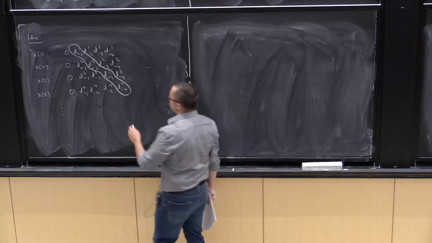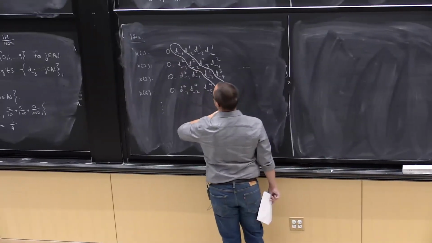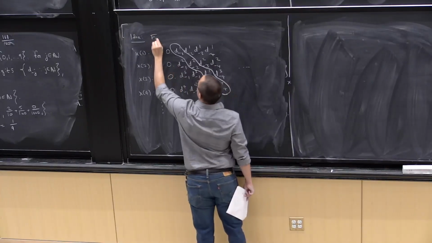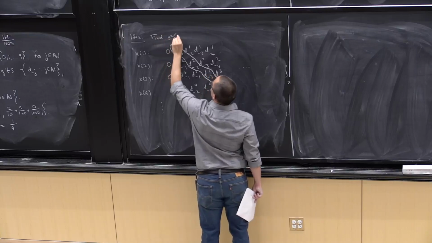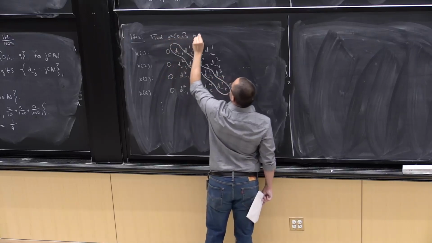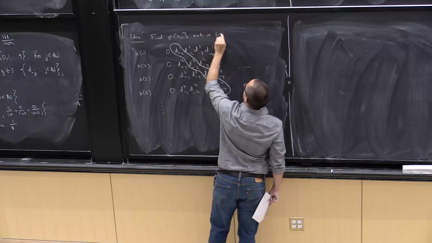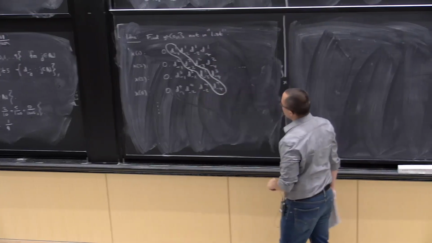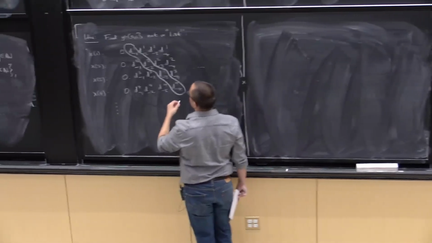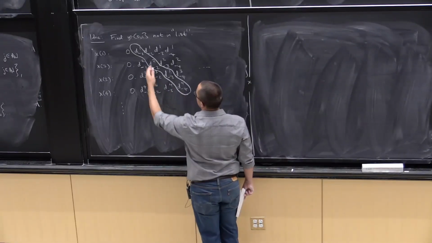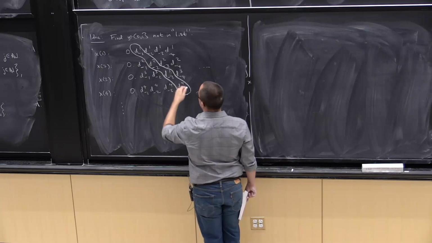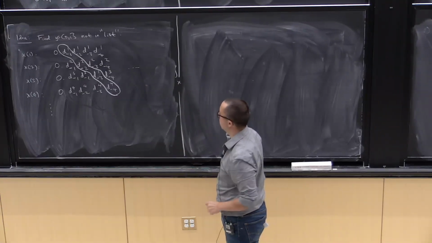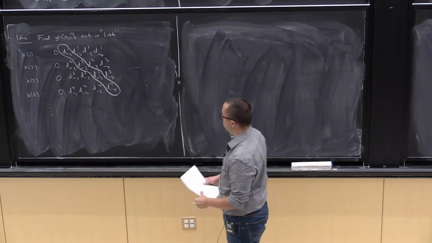And then I take my element y. Remember, we're trying to find a y not in this list. I would take y to be the real number that I get by changing each of these decimal digits.